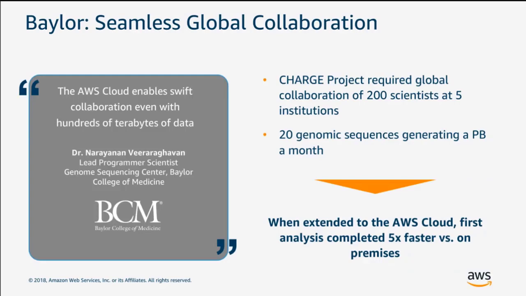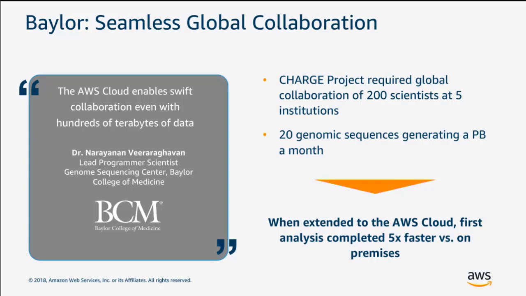Baylor College of Medicine has also been able to take advantage of this by creating a number of projects. The CHARGE project listed here is just one of a few that they've been able to create, where they were able to invite several hundred collaborators at a number of different institutions to operate on a common set of data that was set aside. That data set kept growing by about a petabyte a month, and it was all genomic sequencing data.